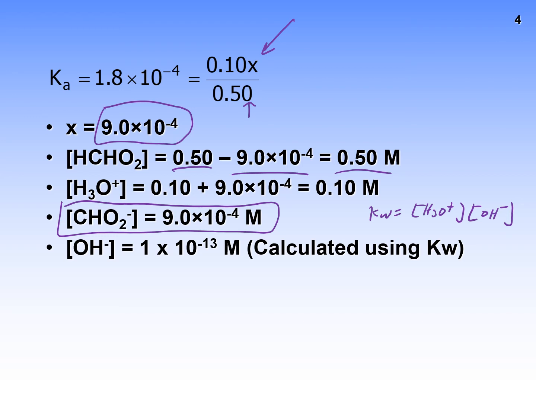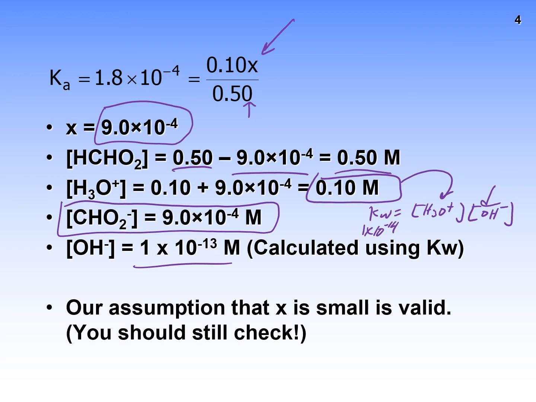So if I know H3O plus is this guy, I can plug that in here. Kw is 1 times 10 to the negative 14. Solve for OH minus, you get 1 times 10 to the negative 13. We could solve for pH if we wanted to using this guy. It's 1. You should always check that your 5% rule is there.